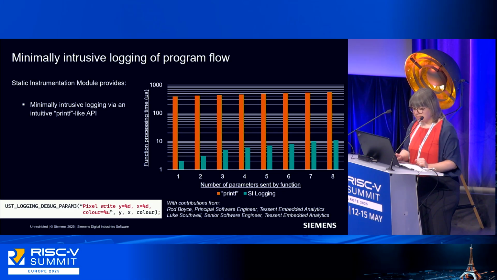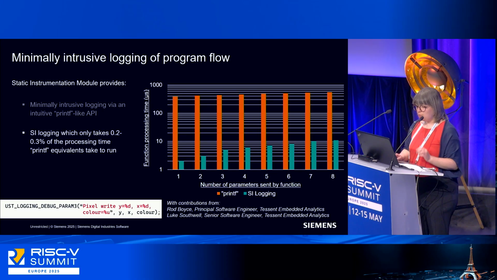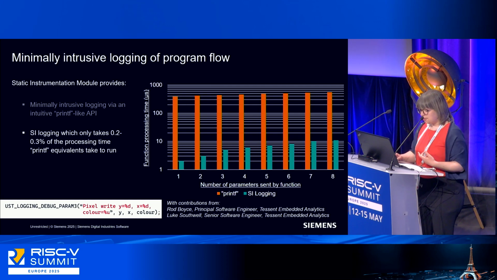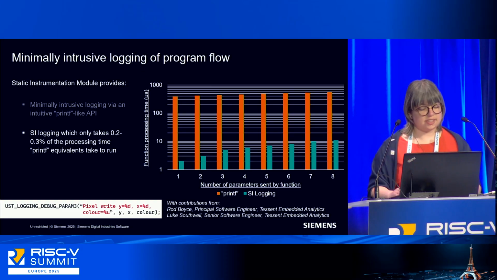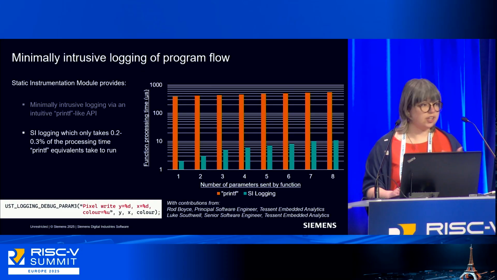In fact, static instrumentation logs take 1 to 2 orders of magnitude less processing time to run than their printf equivalents. This can be seen on the logarithmic graph here, comparing regular printf statements in teal with static instrumentation logging in orange, with increasing numbers of parameters on the x-axis.